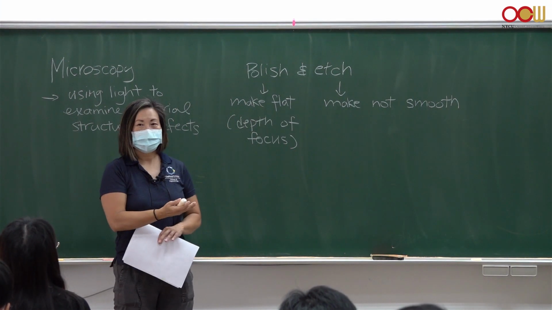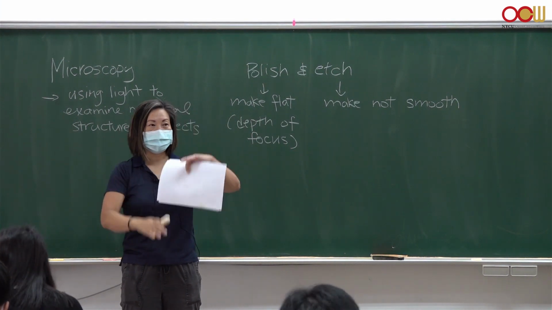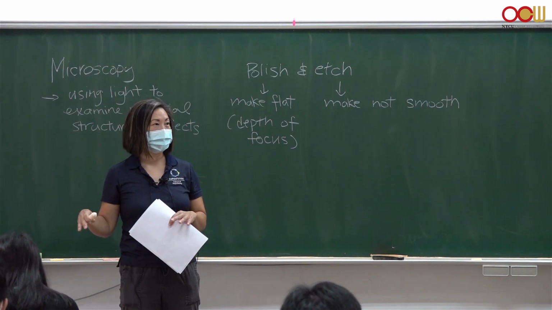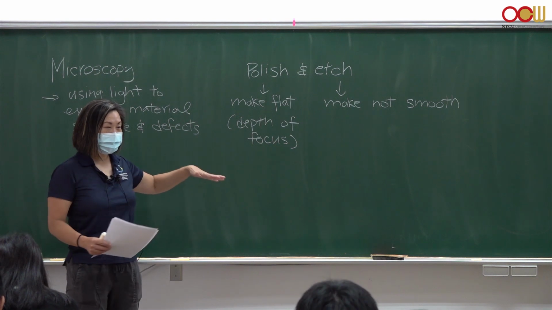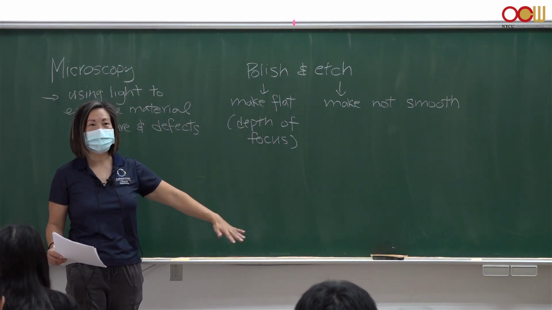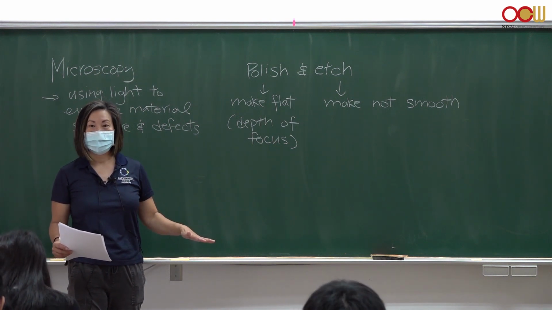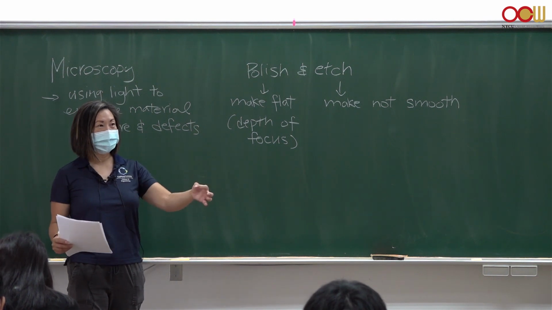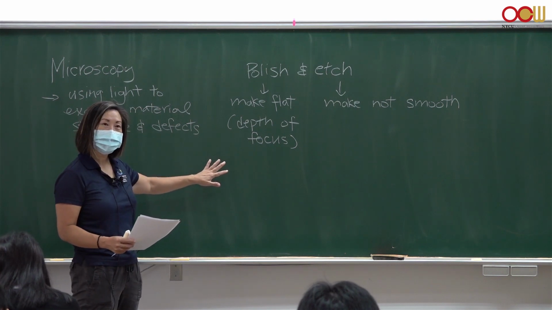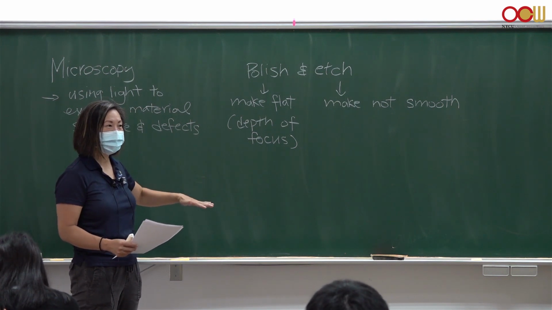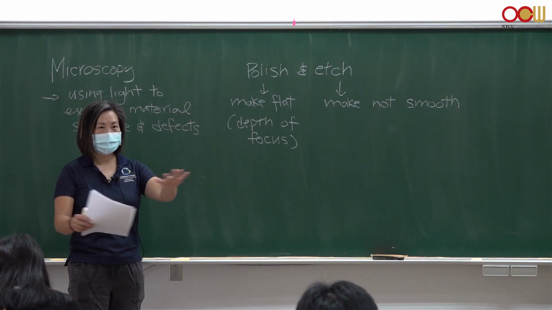It's hard to get a good focus if you have different depth of focus for the light. And that's why you want to get it as flat as possible so that you could get the clearest, most focused picture for the entire sample that you have, instead of just one point on the sample. So that's why we polish first, get it as flat as possible so you get the widest area with the same depth of focus.